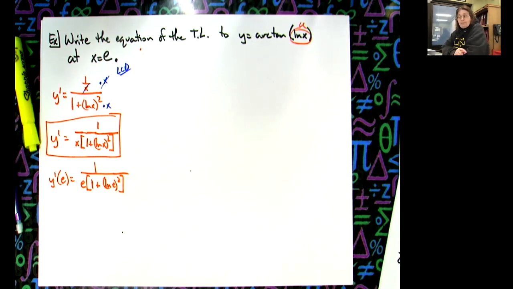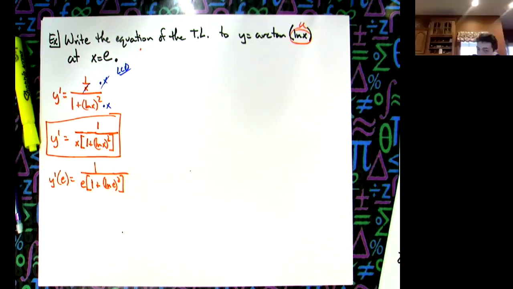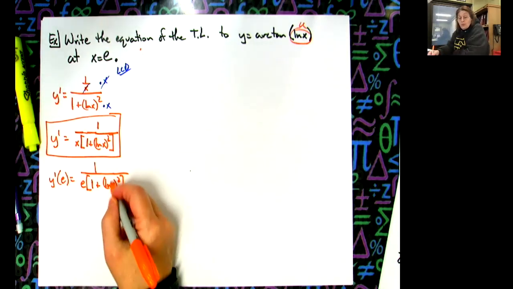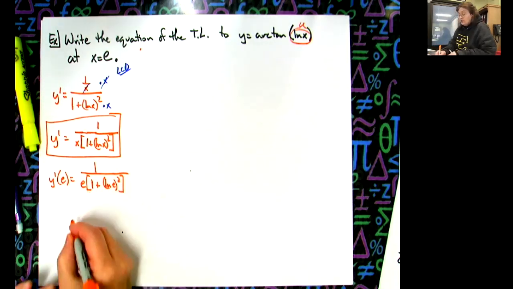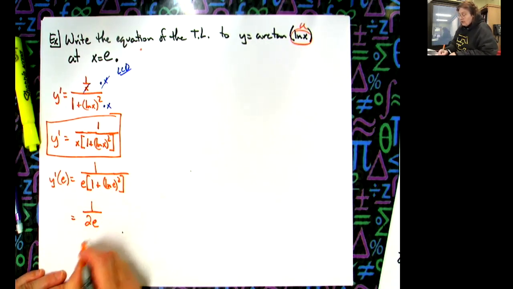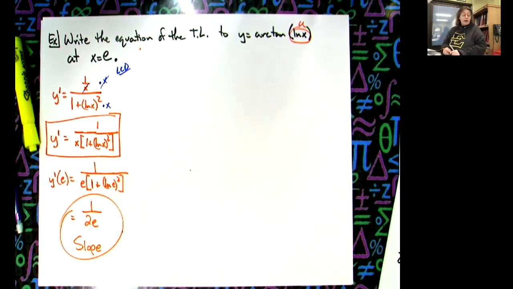Someone's got to give it to me. I'll wait patiently. Do we have that memorized? 1. Thank you. You got to have that memorized. If I know this is 1, 1 squared is 1, 1 plus 1 is 2. So that makes my slope 1 over 2e. So there's my slope. Again, you got to have that natural log of e memorized, not screwing up there.